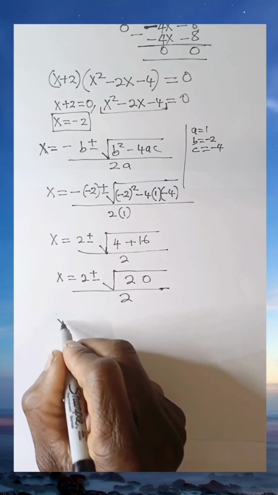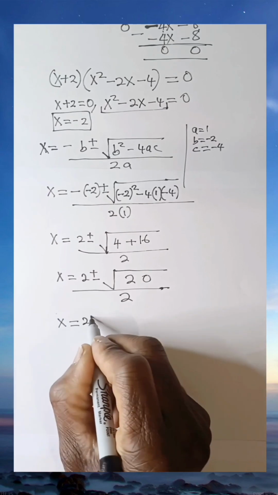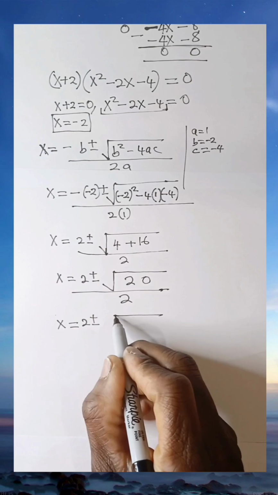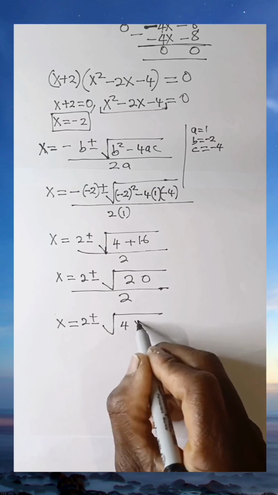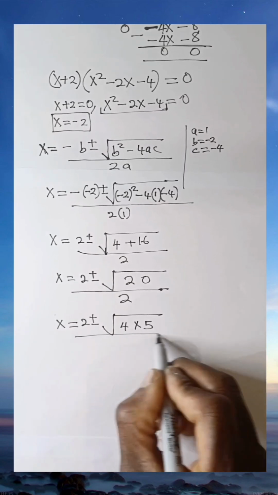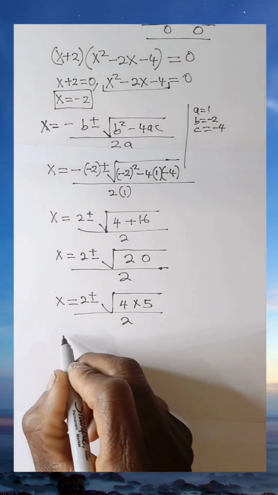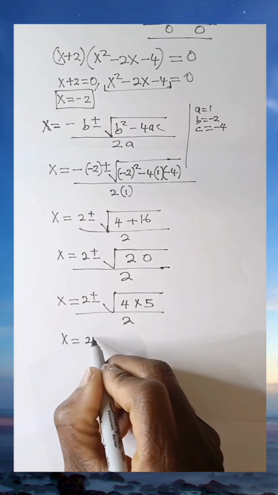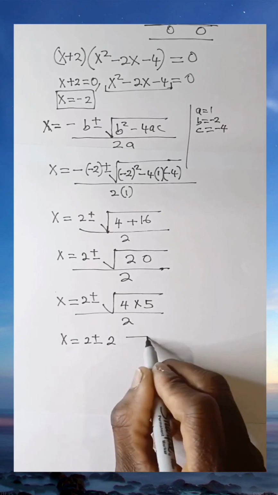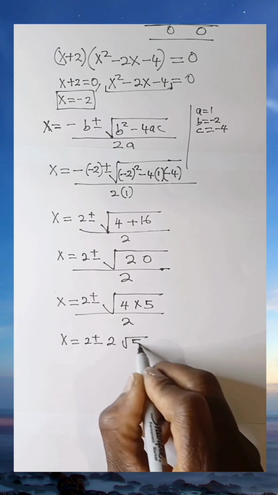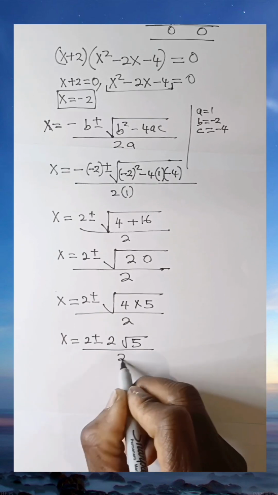So we have x is equal to 2 plus minus, we can write 20 as 4 times 5, divided by 2. We have x is equal to 2 plus minus, the square root of 4 is going to give us 2, times the square root of 5, divided by 2.